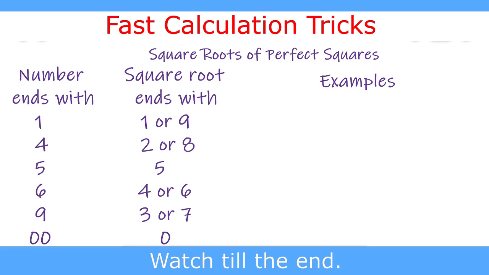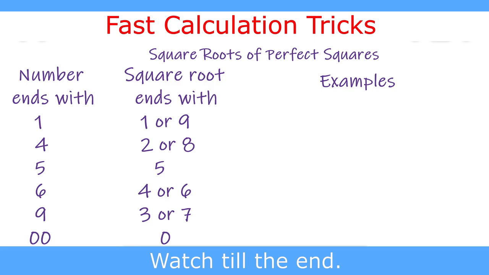are never perfect squares. Now, if the number is a perfect square and ends with 1, then the square root of that number ends with either 1 or 9. The number which ends with 4 and is a perfect square, then its square root ends with either 2 or 8.